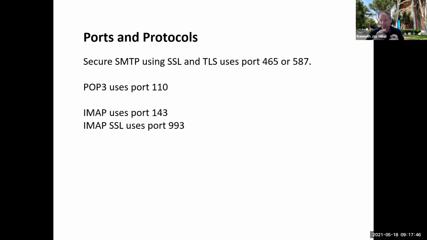So this prevents spam by using SSL certificates and TLS certificates. And these protocols use port 465 or 587. POP3 uses port 110, and then IMAP uses port 143, and then secure IMAP uses port 993.